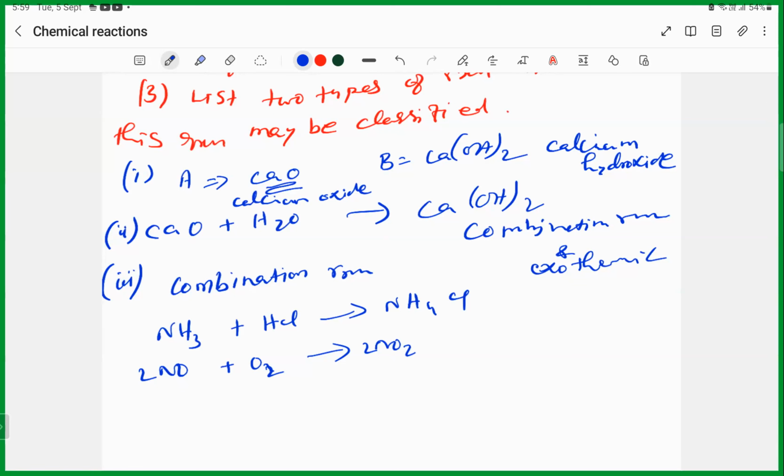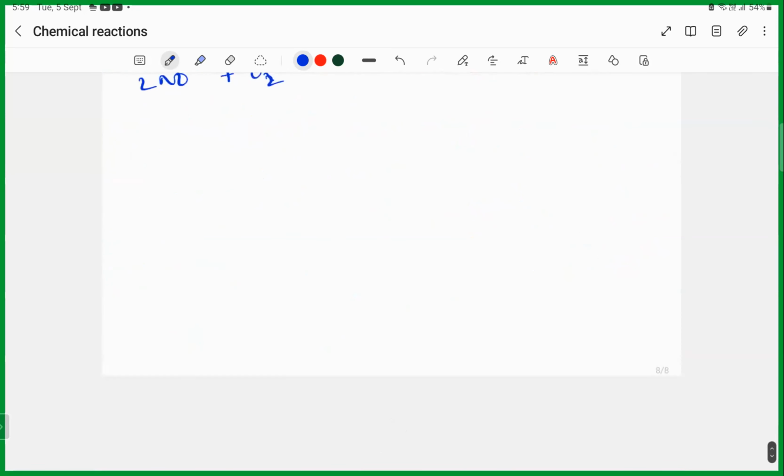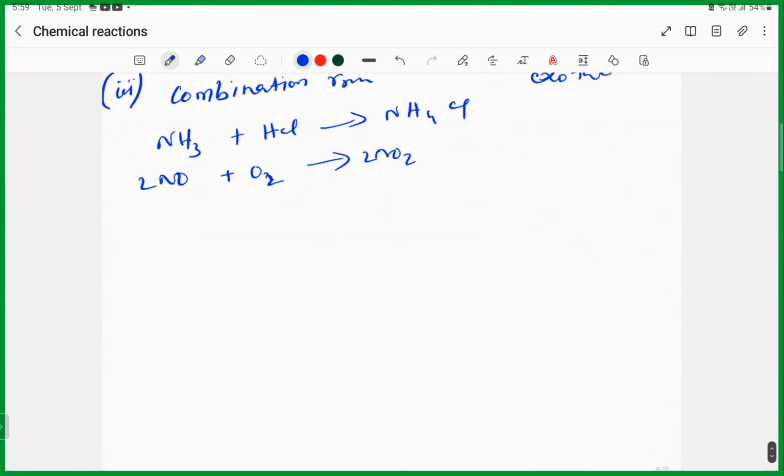Next question. 2 grams of ferrous sulfate crystals are heated in a dry tube.